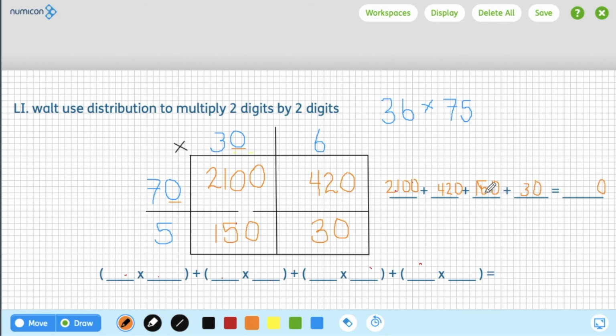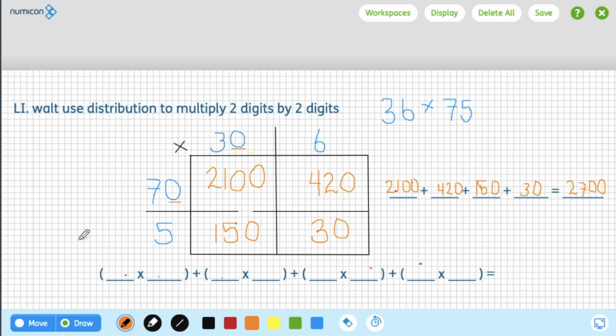So I got 3 tens, 5 tens, 8 tens, 10 tens. So carry that. So 200 plus 400 plus 100, 700, and then 2,000. Let's just double check that. 2,520, 2,670, 2,700. Oh, perfect. Okay, so if we add all the sections together, we end up with 2,700.